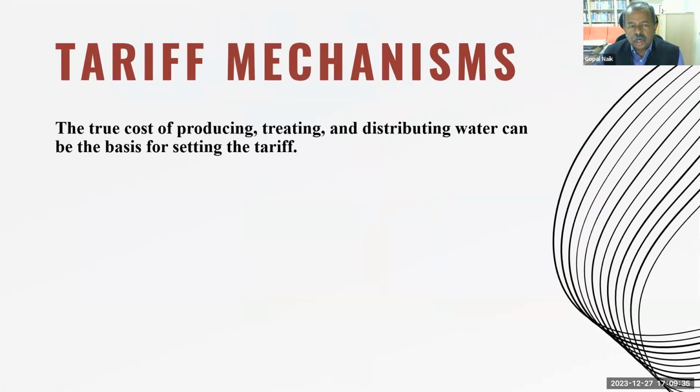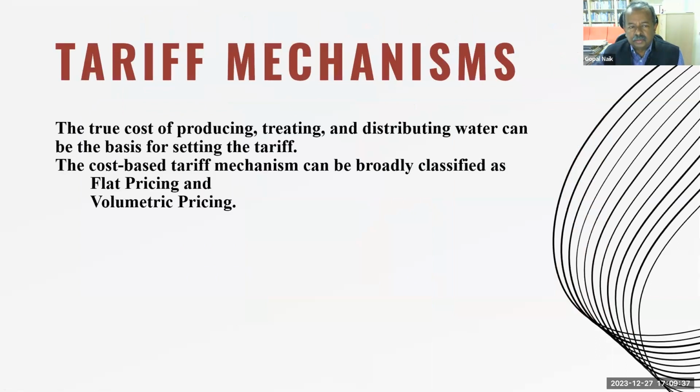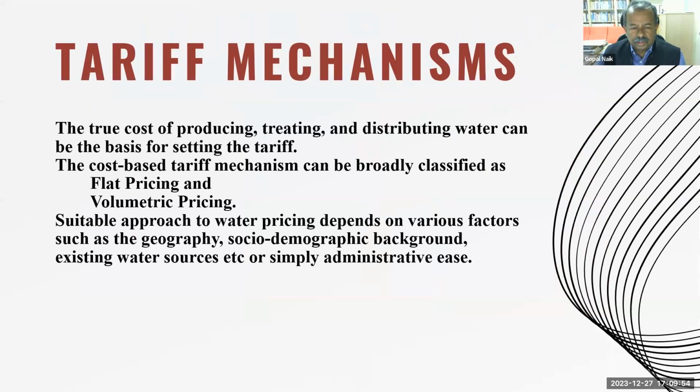And in cost-based pricing, again, one can also look at how different mechanisms can be used in terms of imposing the user charges. Either one can go for flat pricing or volumetric pricing.